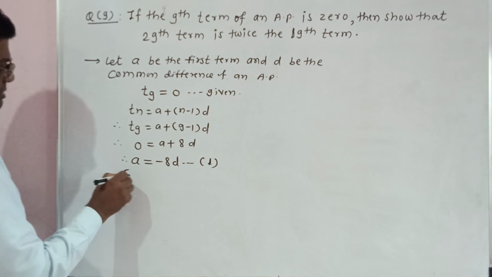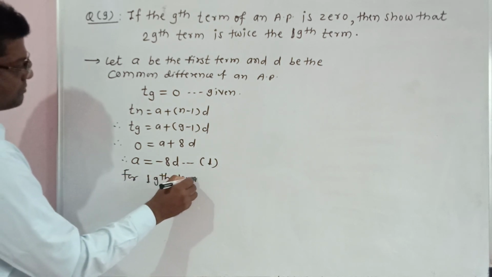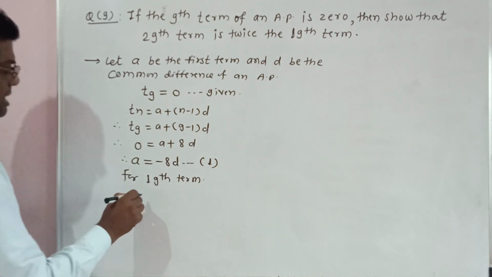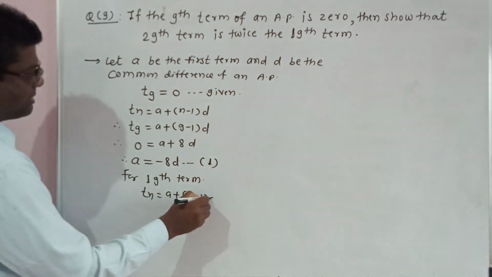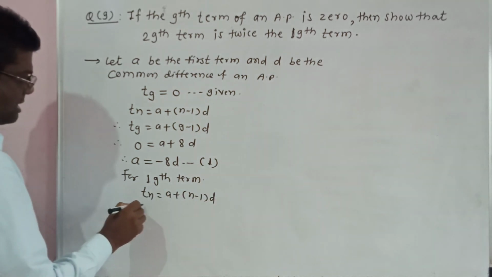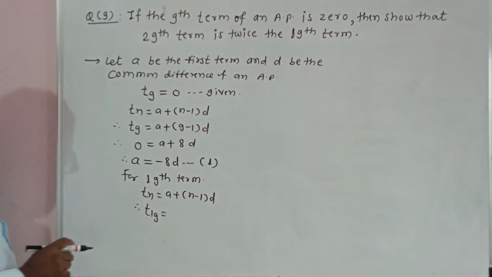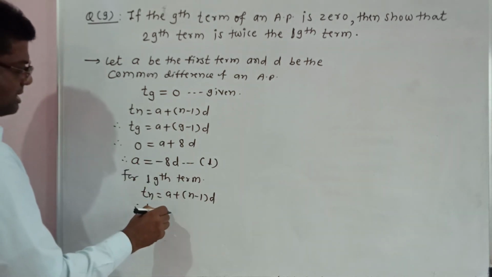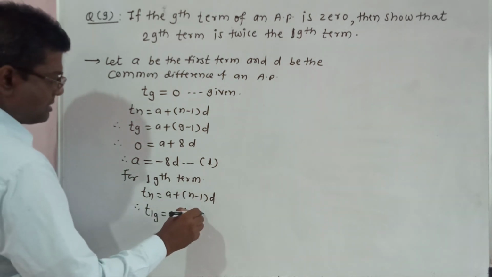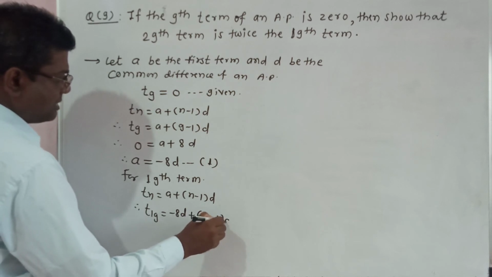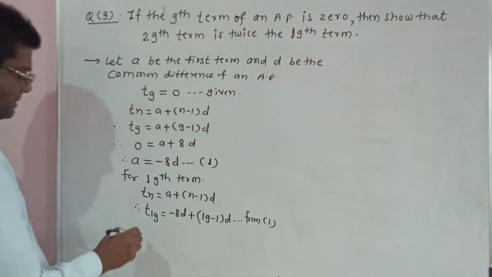Now for 19th term, here also use the formula Tn is equal to A plus n minus 1 into D. Therefore T19 is equal to, here put A is equal to minus 8D, minus 8D plus 19 minus 1 into D. This is from equation 1.